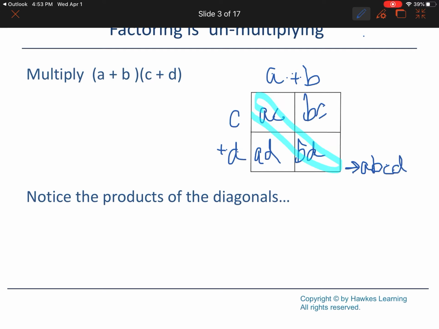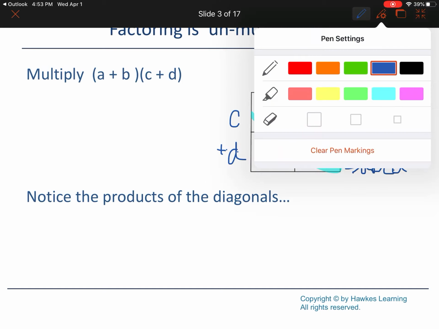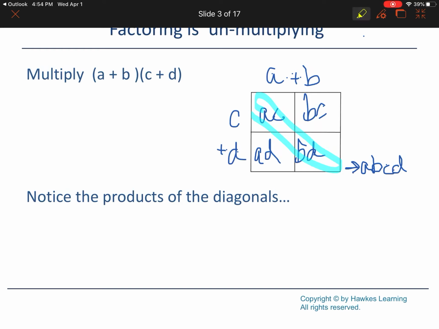Okay, and then if we look at the other diagonal, it's right here, right? And we multiply those together, you notice we also have an A, a D, a B, and a C, right? So it's all of those as well.